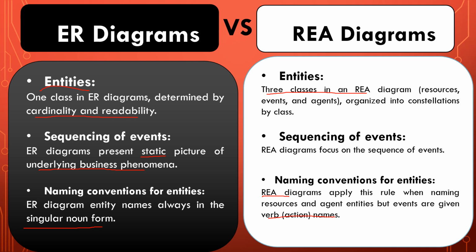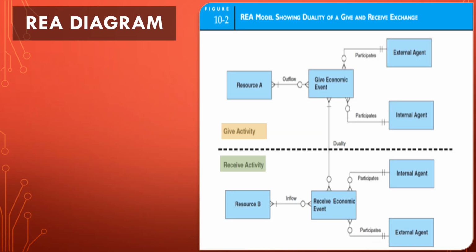Since we have events, it is different, so we need to use a verb to describe the events. That is the main difference between the traditional ER modeling diagram and the REA diagram.